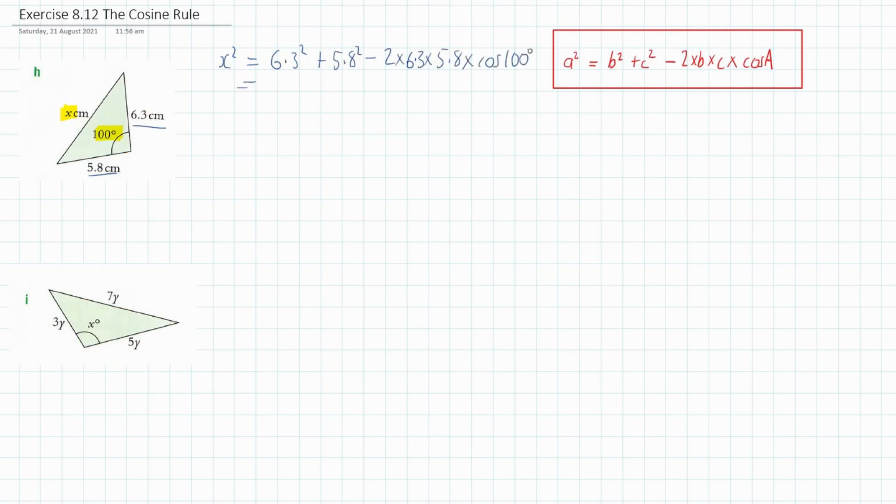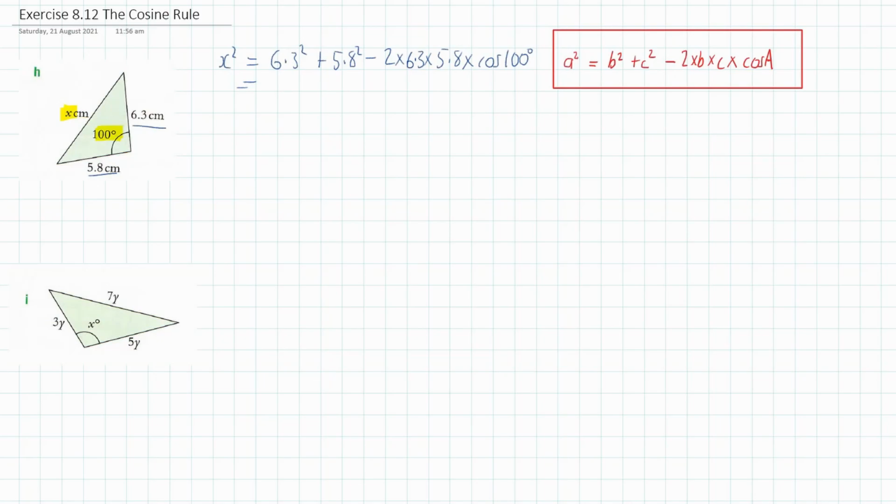Now if you just plug that into your calculator, you should come out with the right answer. 6.3 squared plus 5.8 squared minus 2 times 6.3 times 5.8 times cosine 100. Just put a bracket around the end of the 100.